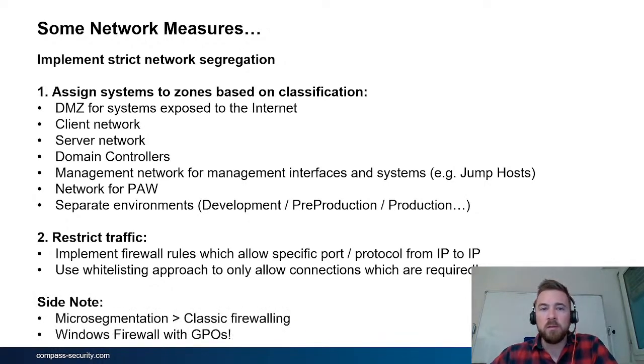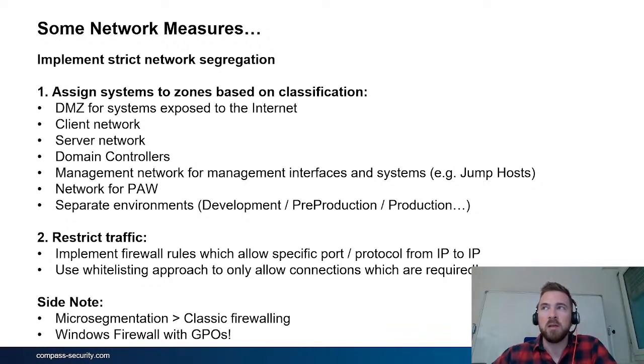Some side notes here. If you can, it's a really nice idea to use microsegmentation. For example, with VMware NSX, you can do that. This is actually even better than the classic firewalling concept, because every virtual network interface of a VM, every workload, gets its own instance of a firewall.